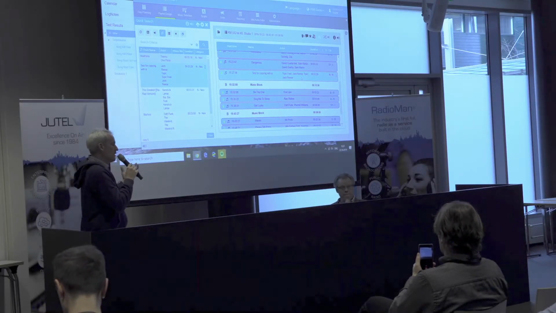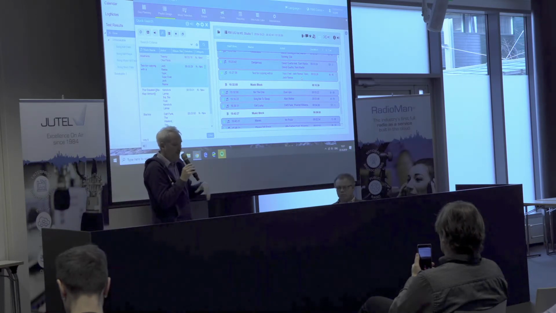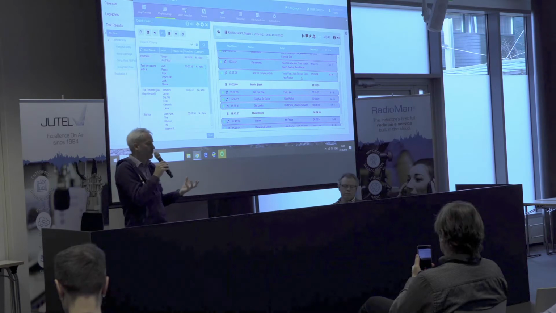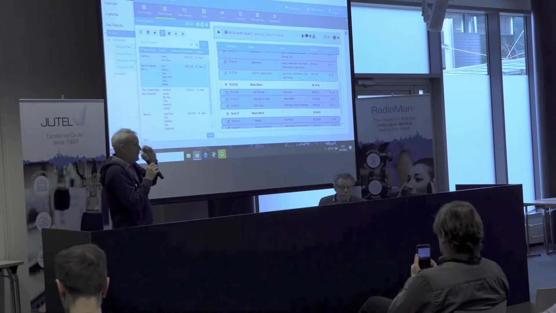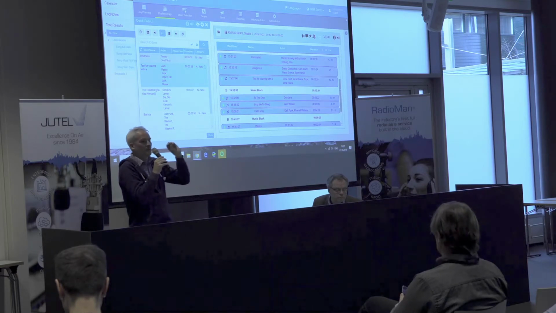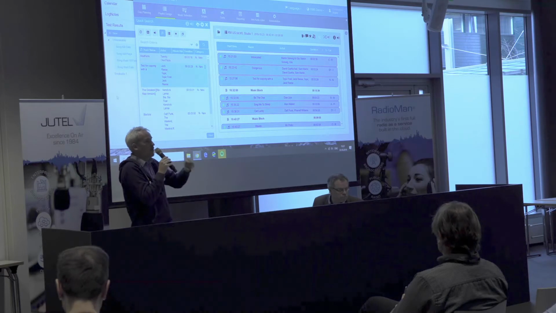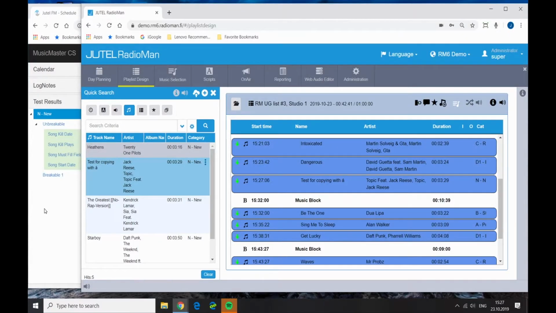So the idea behind this part of the scheduling software is that many hosts need another song, because whatever happened. And usually they call the music editor, usually early in the morning.